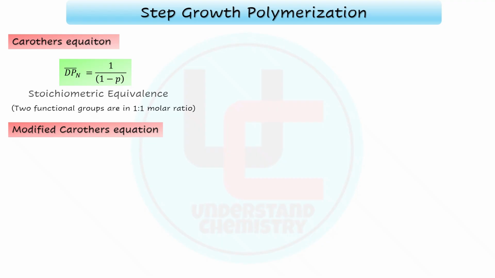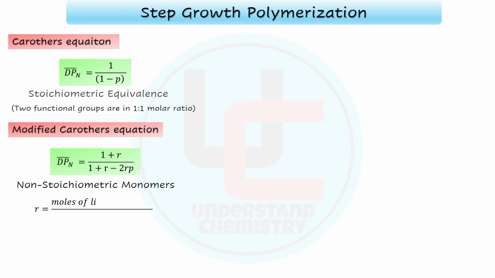For this, the modified Carothers equation is used, according to which DPn is equal to 1 plus R, whole divided by 1 plus R minus Rp, where R is the ratio of the moles of limiting groups to the moles of excess groups, and its value is always less than or equal to 1.